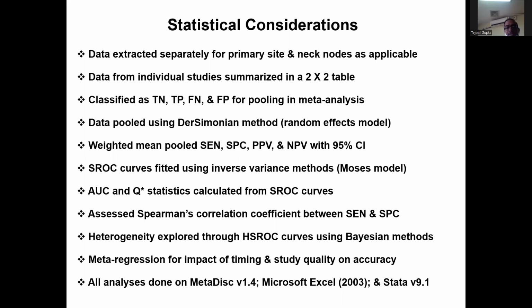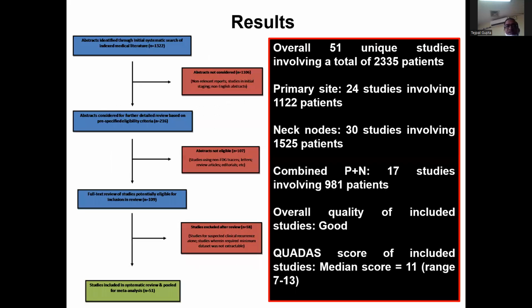And we also did meta-regression to study the impact of timing and study quality on diagnostic accuracy. And all of this was done on a few software packages. MetaDisc is a very common software for diagnostic test accuracy, but we did some of the meta-regression and the curve fitting on Stata.